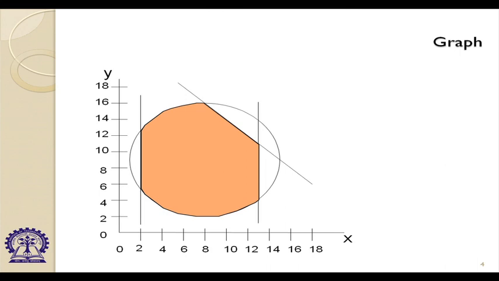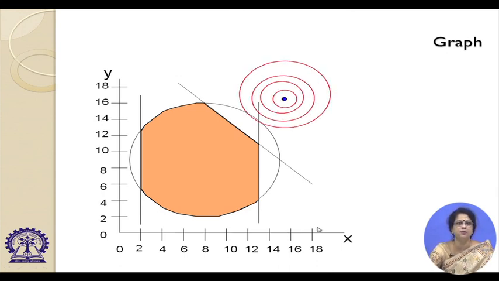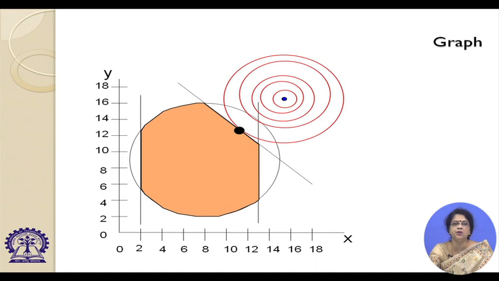Now, let us consider the objective function. The objective function is centered at (14, 15). That is the center of the objective function, and you see the red circles are the contours of the objective function. That means the objective function is moving forward.